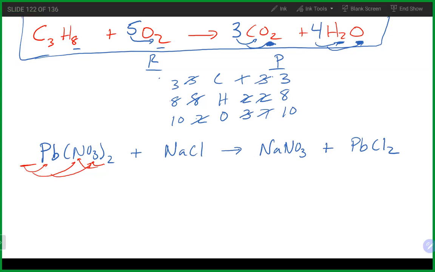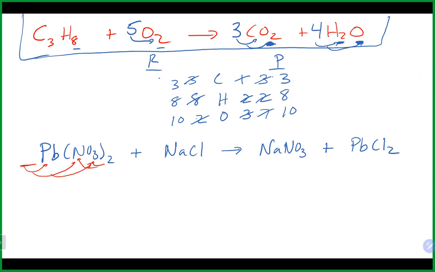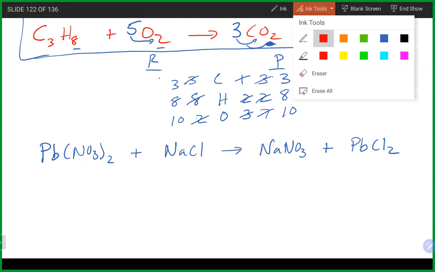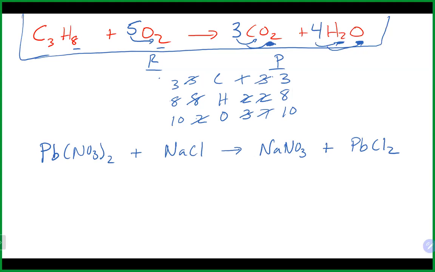Now, since we talked a little bit about polyatomic ions, and we'll talk officially about it later, if you recognize some of these polyatomic ions and they look the same, even if you don't know it is a polyatomic ion, that NO3 and that NO3 is pretty much the same thing on both sides.